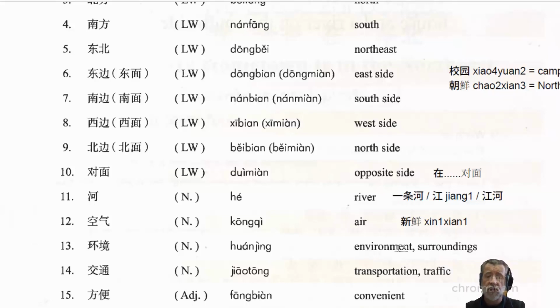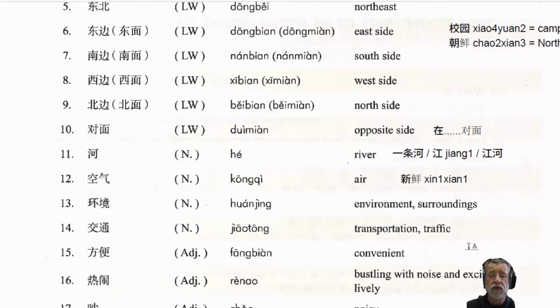And also in Chinese, it can refer to surroundings. So in other words, the immediate surroundings of a particular place. So you might be talking about the surroundings around your house. So that would include the garden, maybe the neighbors in the street and so on. So it's down at that sort of more immediate level. So, excuse me, 环境 can be used for either of those.